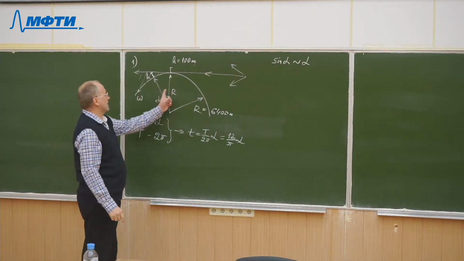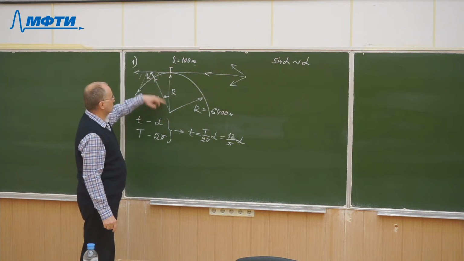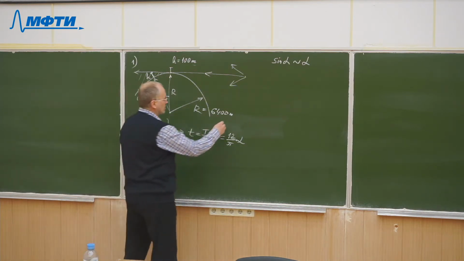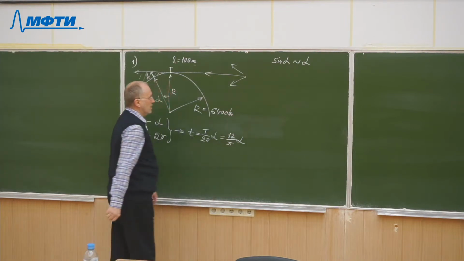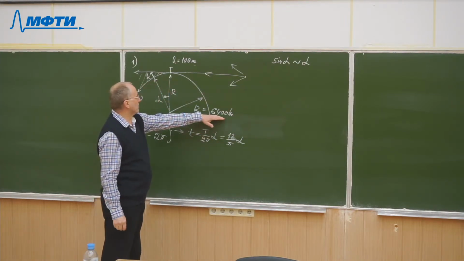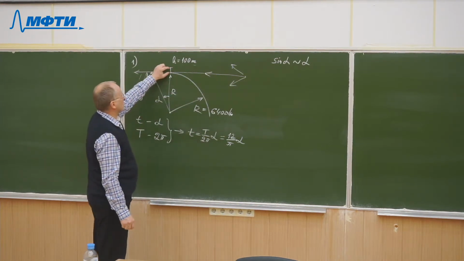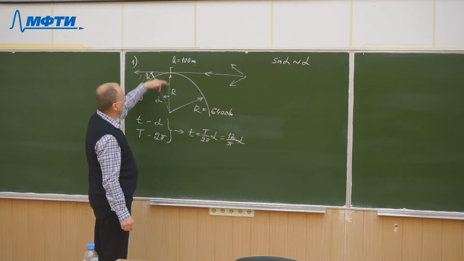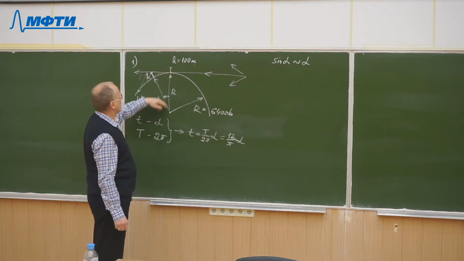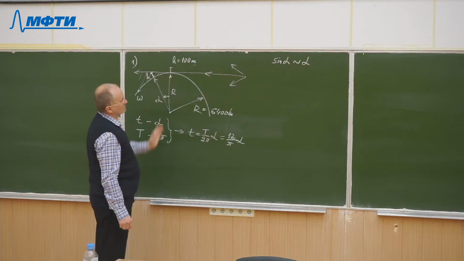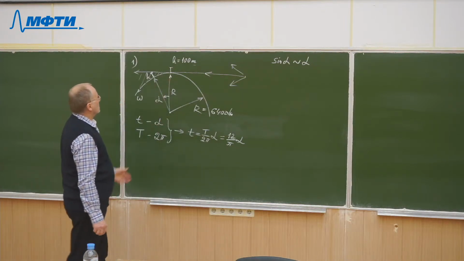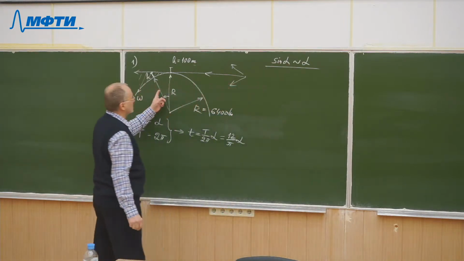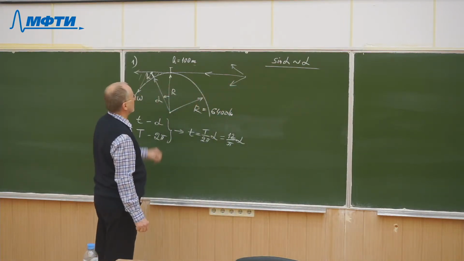And we guess that the angle is very small because the Earth's radius is more than 6,000 kilometers, and the height of the rock is just 100 meters. So this is a very small distance as compared to the radius of the Earth. If it's very small, then the angle alpha is also very small.